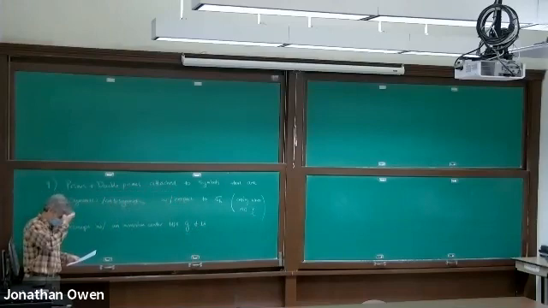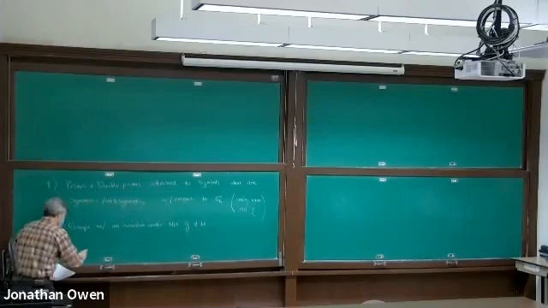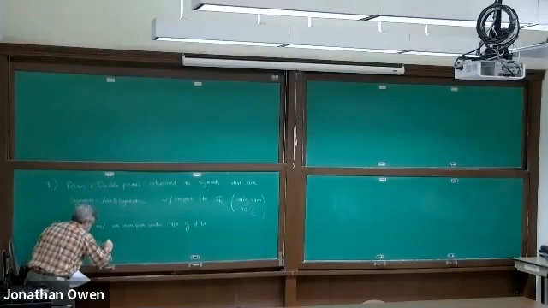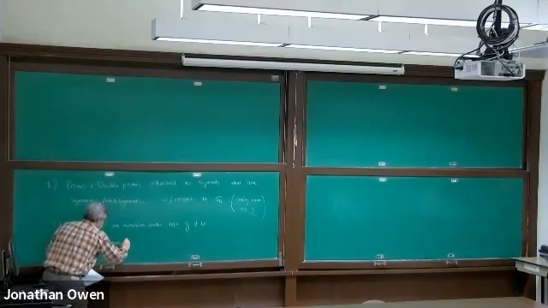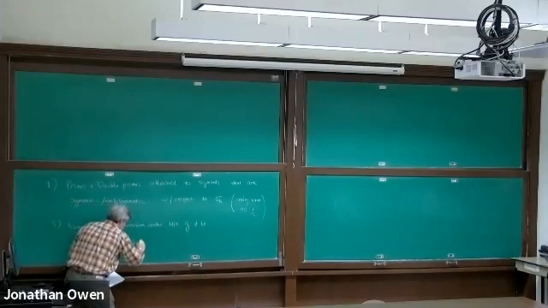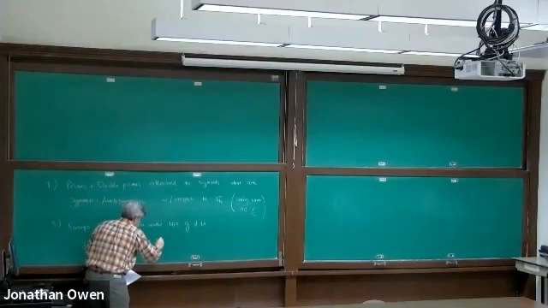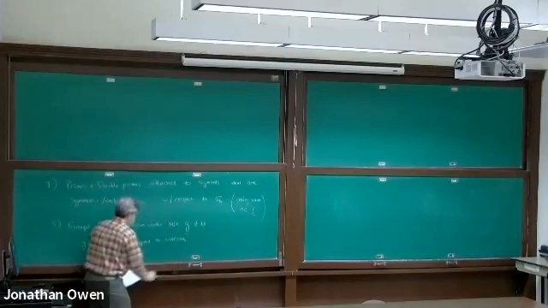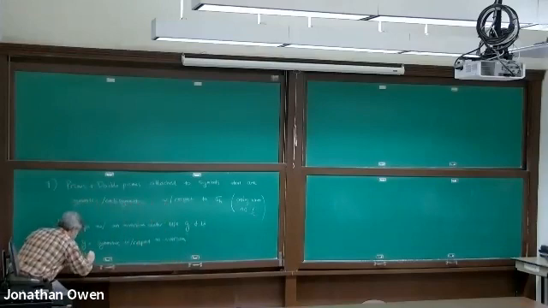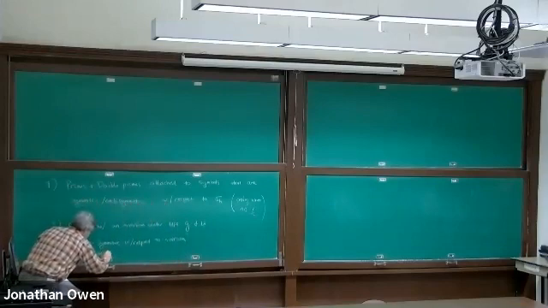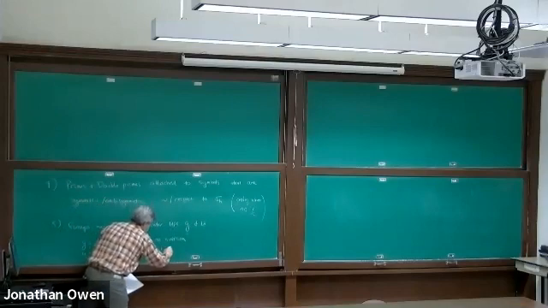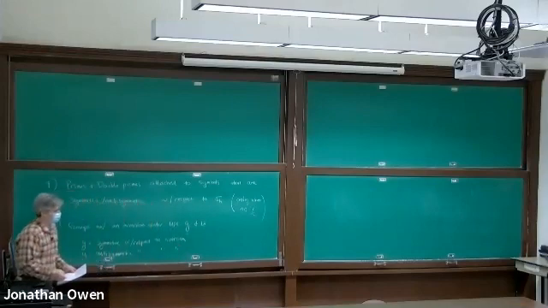Okay. So G is symmetric with respect to inversion, and U is anti-symmetric.